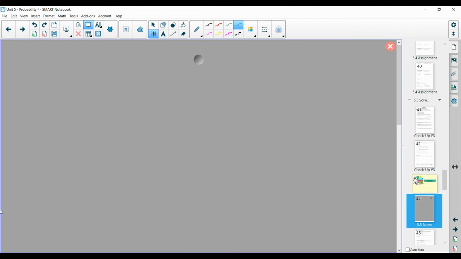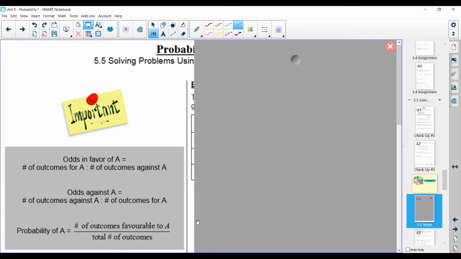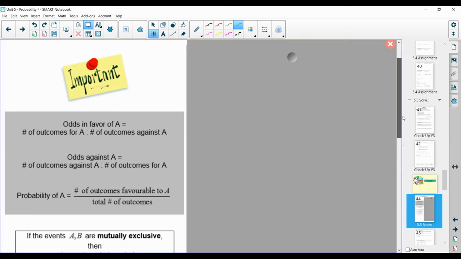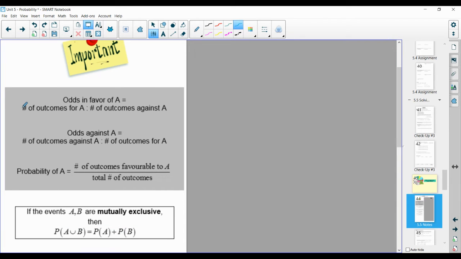Now, before we get into the examples, I just want to look at some vocabulary here. I'm just going to cover up the examples for now. First of all, if we're looking at odds, remember that odds and probability are different. Odds are part to part, and probability is parts to whole. If we're looking at odds in favor of, we would have what we want on the left-hand side and what we don't want on the right-hand side.